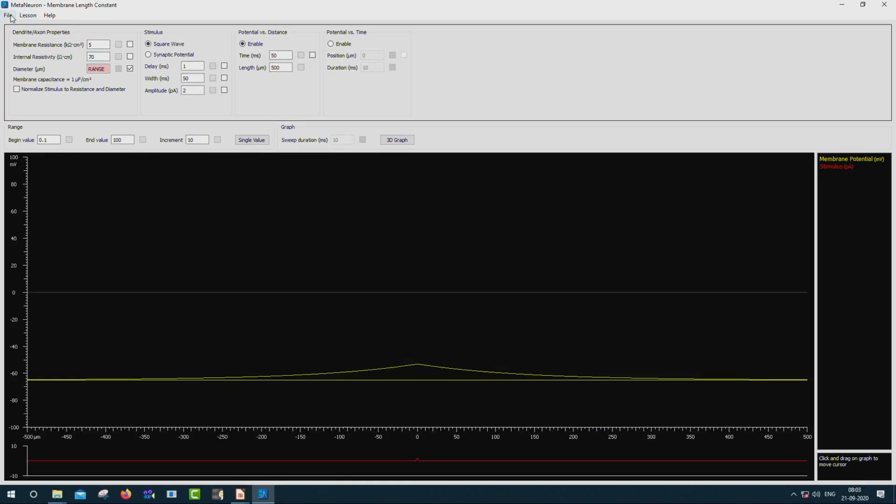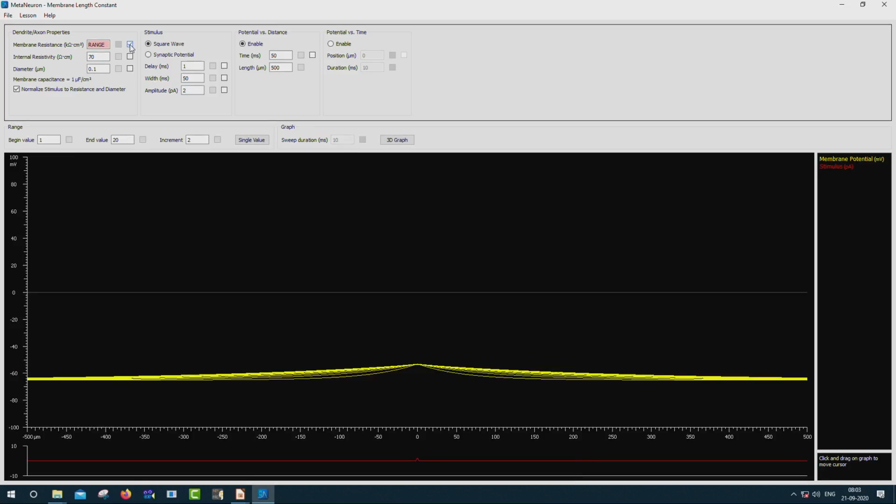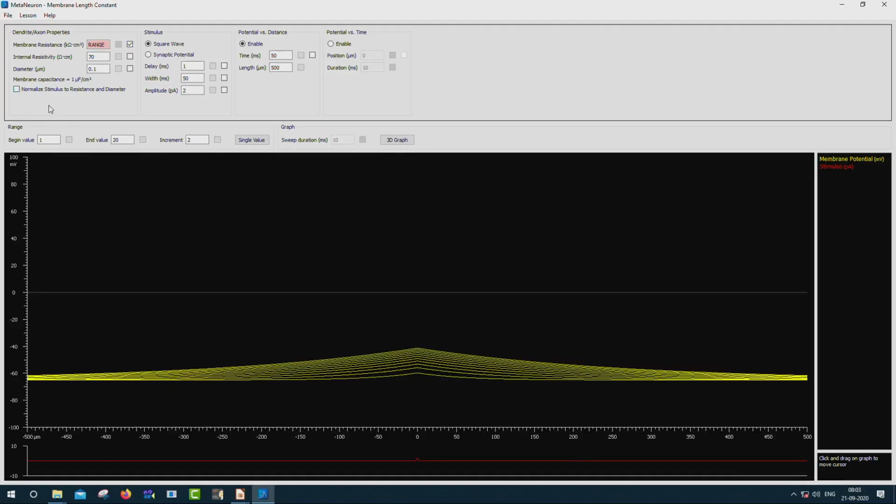So I come back to all defaults, and then we can do the same thing for membrane resistance. So user range, and now we are changing the membrane resistance. We have a begin value of 1 kilo ohm centimeter squared, an end value of 20, and we increment it by 2, and we can see how it decays.